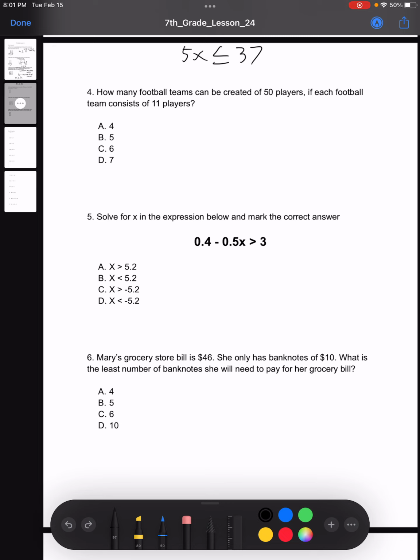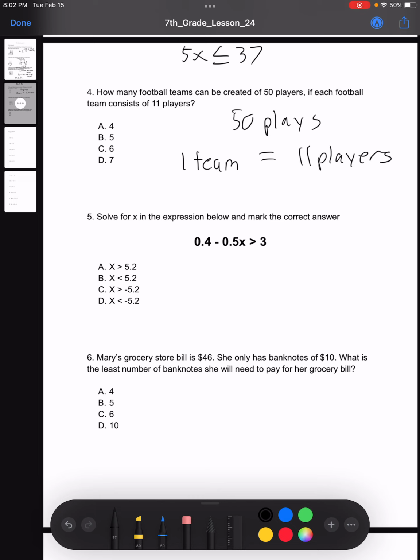How many football teams can be created of 50 players if each team consists of 11 players? Well, we know that we have 50 total players, and we know that one team has 11 players.